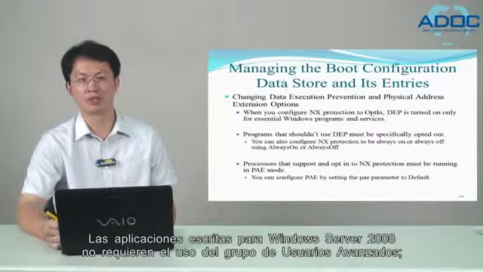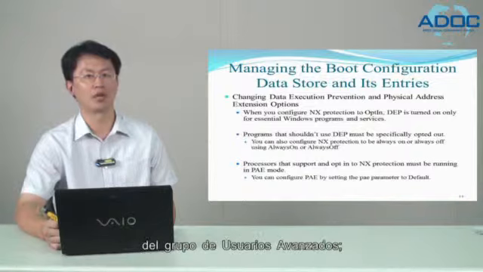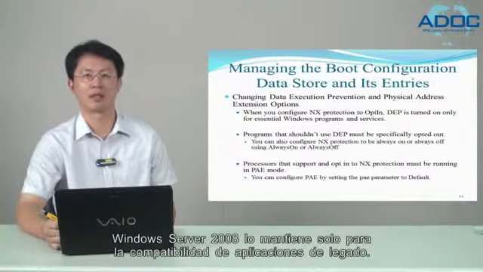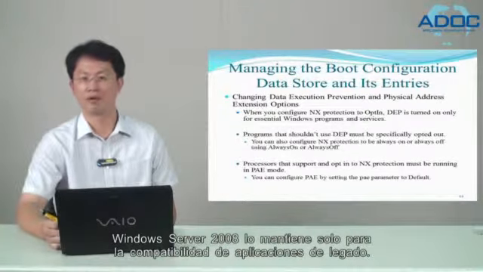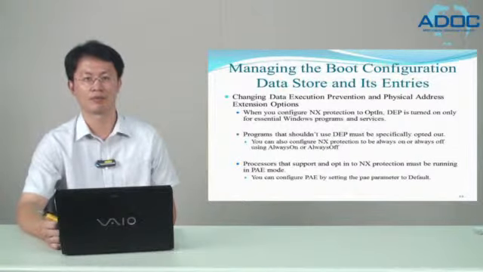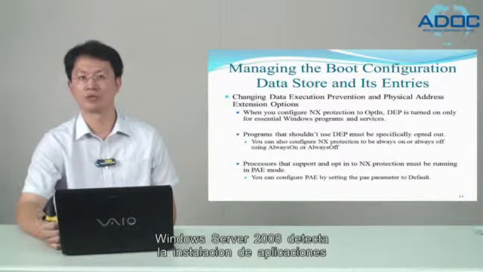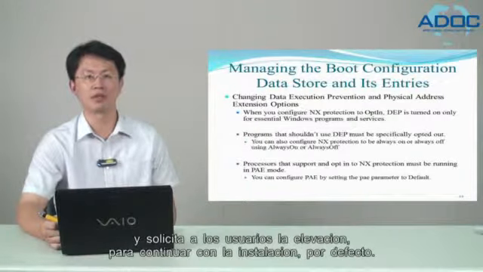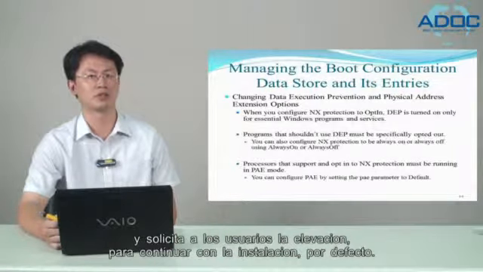Applications written for Windows Server 2008 do not require the use of the Power Users group. Windows Server 2008 maintains it only for legacy application compatibility. Windows Server 2008 detects application installations and prompts users for elevation to continue the installation by default.